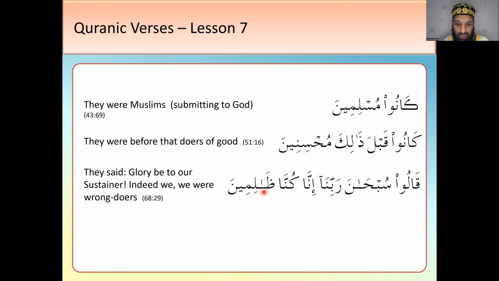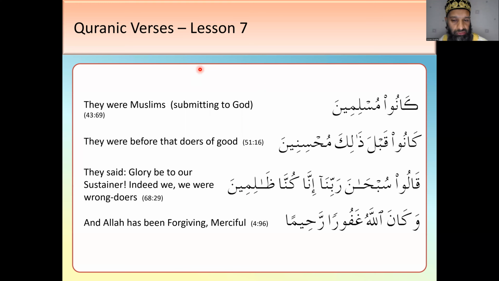Remember I told you the plural is either zalimuna or zalimina. Either one you'll know is plural. But here, the grammar fits zalimina. Something coming before it dictates that it becomes ina instead of una. You don't have to worry about that for now. Some of that you can get in lesson 2, level 2, inshallah.